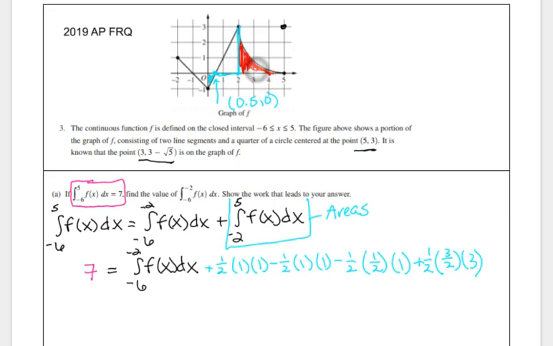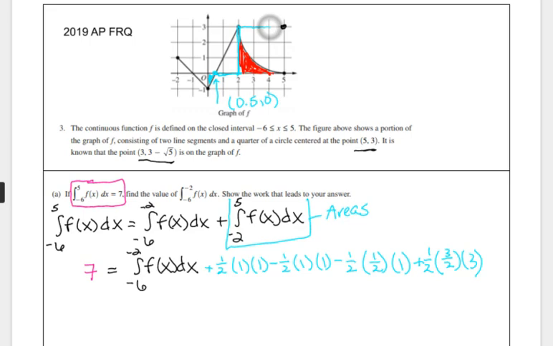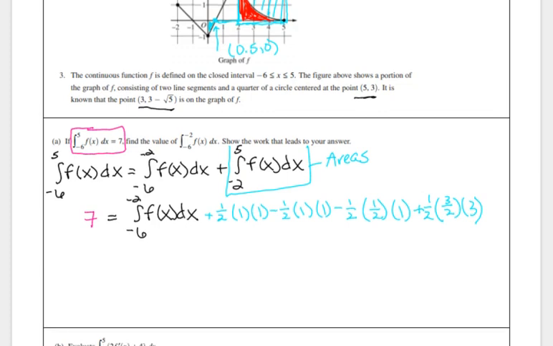So remember, they told us that this is a quarter circle. So what we're going to actually do then is we're going to make this 3 by 3 square. And if we subtract out the area of that quarter of a circle, we'll be left with that red portion. So to show that, I'm just going to write it underneath here.